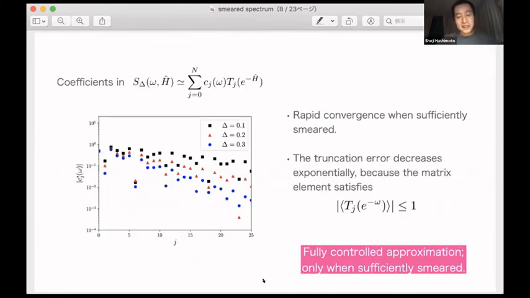Yes. That is something technical but a very important point. I mentioned that the Chebyshev matrix element is bounded by plus or minus 1.